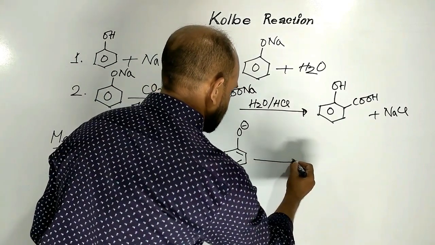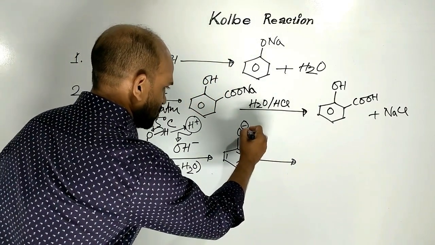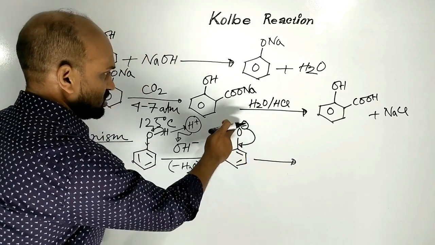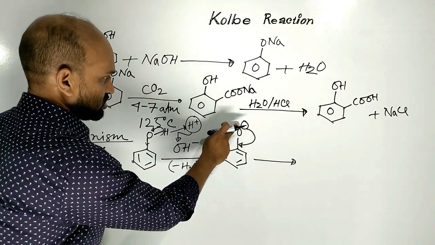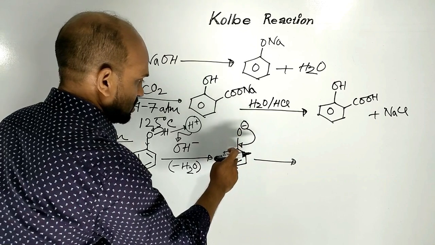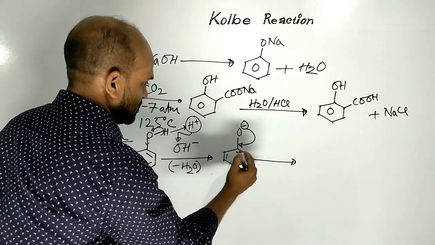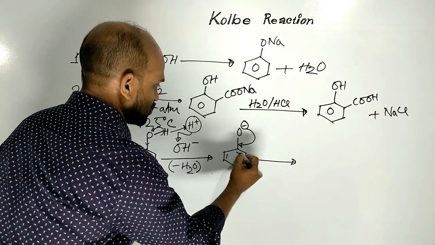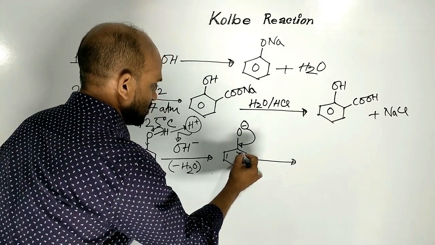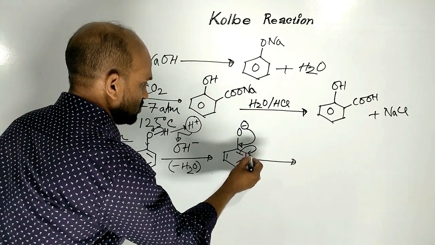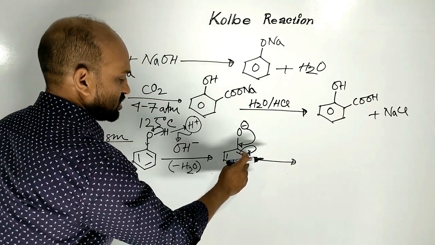Again, these lone pair of electrons turn into bond pair. Here actually there are two electrons. Now electron-electron repulsion occurs. To reduce this electron-electron repulsion, pi bonded electrons turn into lone pair of electrons.